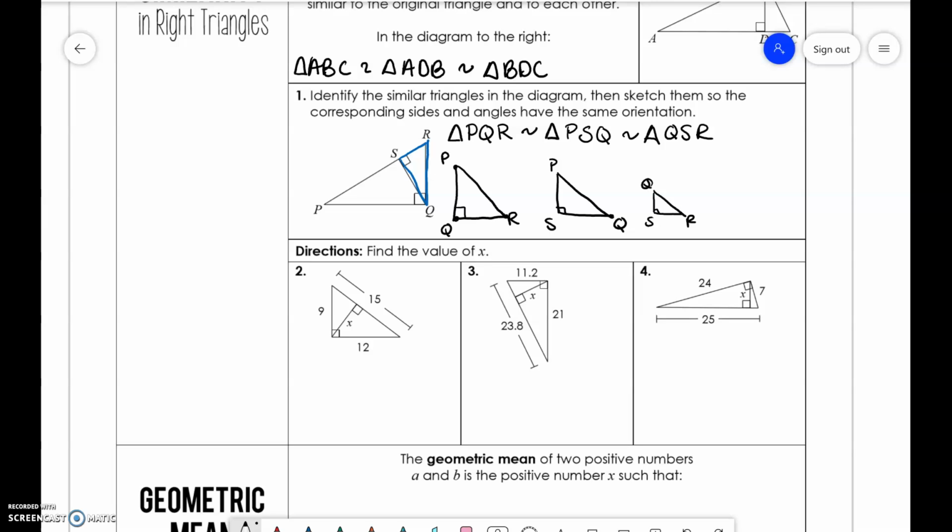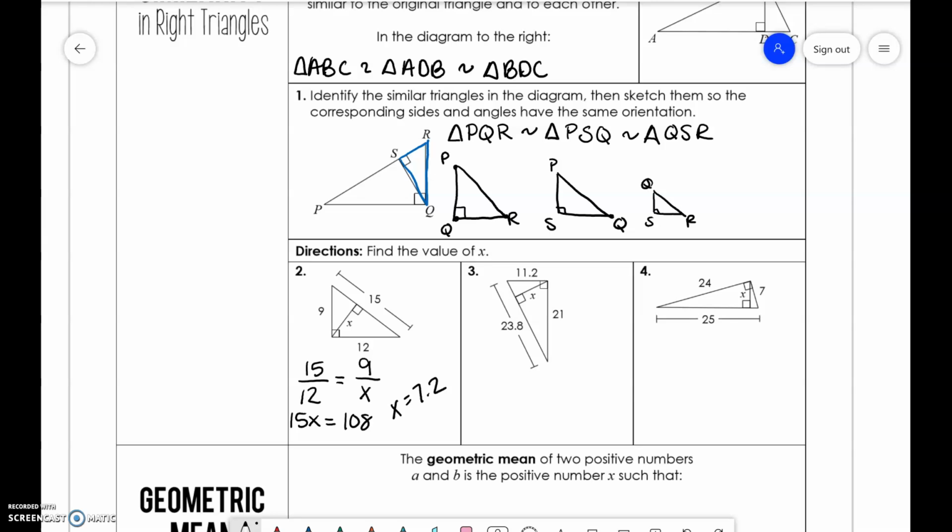So we're going to do the large triangle over the small triangle's hypotenuse, and then we would just look, okay, what is the large side here? It would be 9 over x. So we get 15x is equal to 108, and x is equal to 7.2.